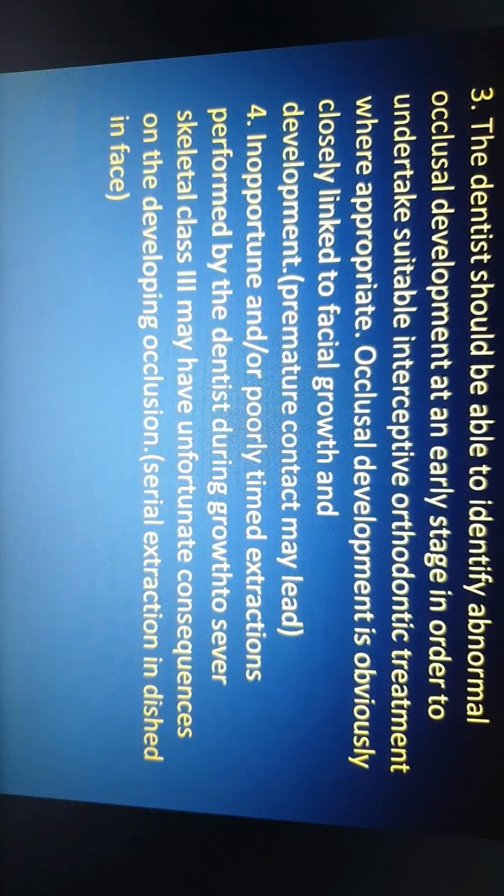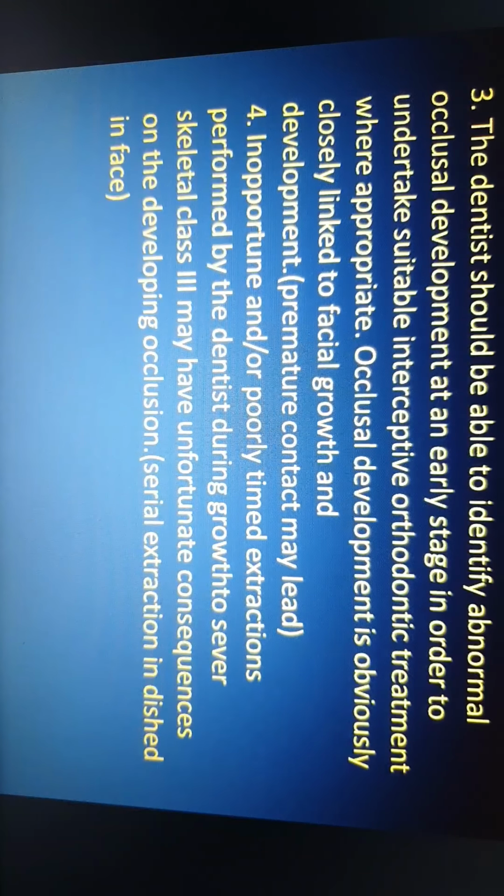Occlusal development is obviously closely linked to facial growth and development; for example, premature contact may lead to an open bite or class 3 malocclusion.